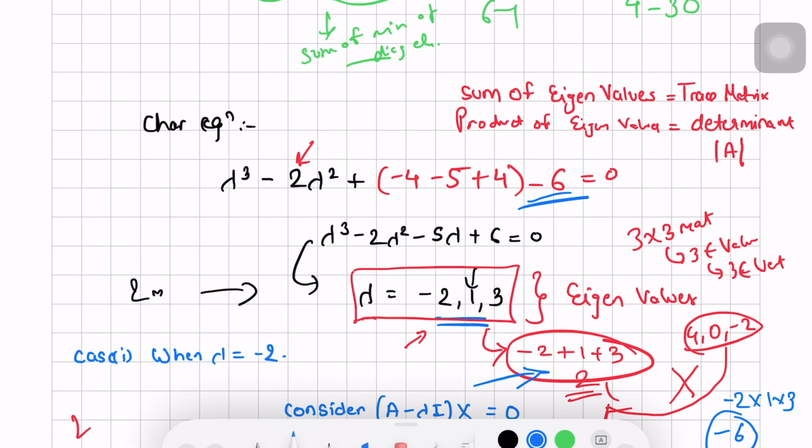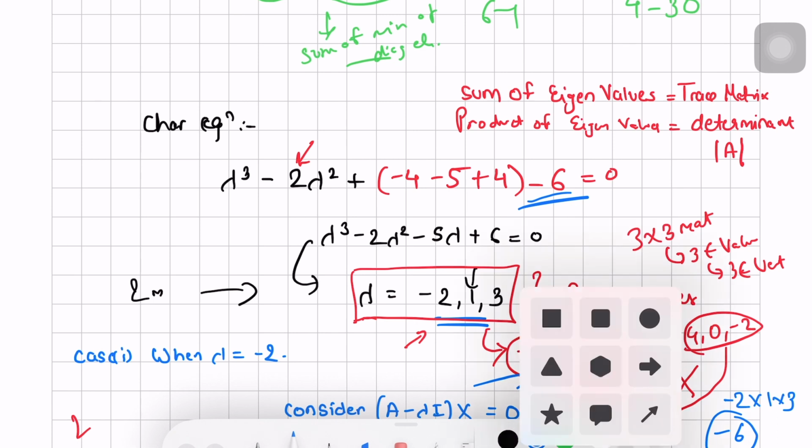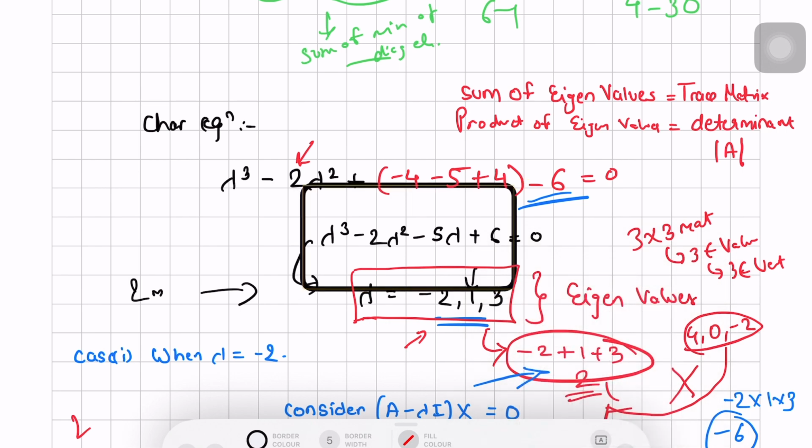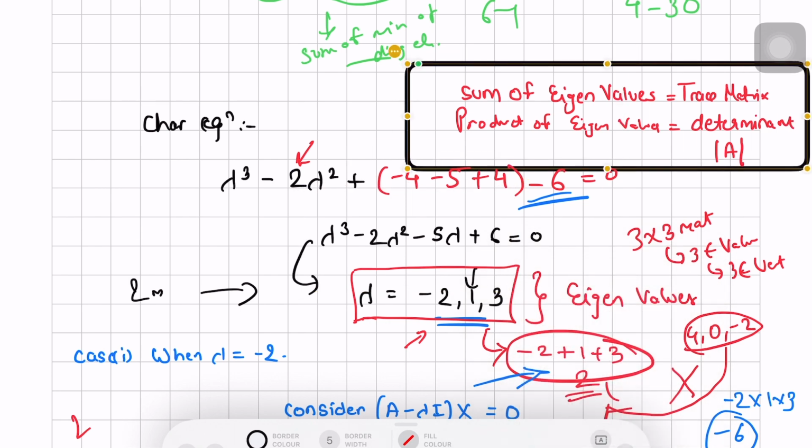So with these two methods we can verify whether our eigenvalues are correct or not.